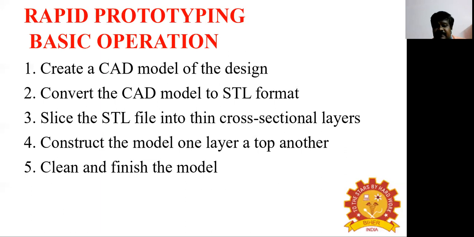Then slicing we will do, slice our STL file into thin CS layers. Then we construct the model one layer on top of another. Then we clean and finish the model. That is the fifth operation or fifth step.